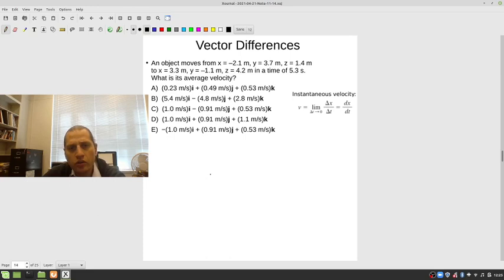Now you can do the same sort of thing with displacements and velocities.